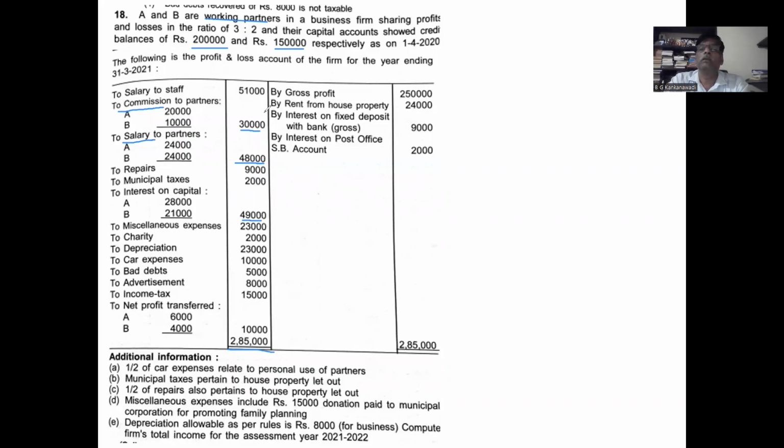So total capital already I told 3,50,000. 3,50,000 into 12%, I think it is 42,000. You check it. While attending my class, you sit along with your calculator.